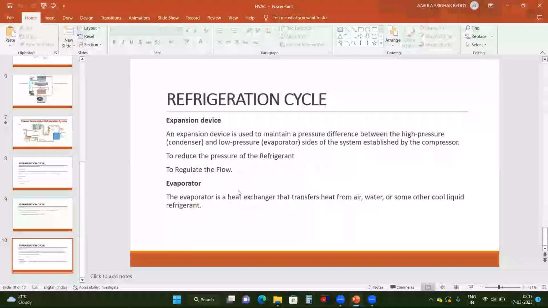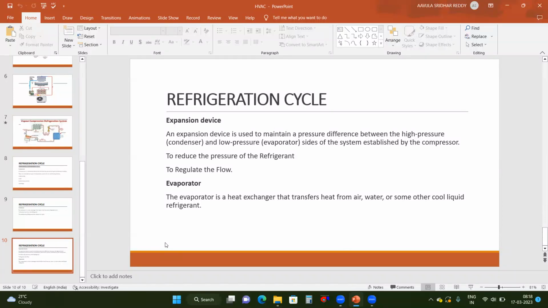Next one is the expansion device. An expansion device is used to maintain a pressure difference between the high pressure and low pressure sides of the system established by the compressor. After the condensation, it goes to expansion.